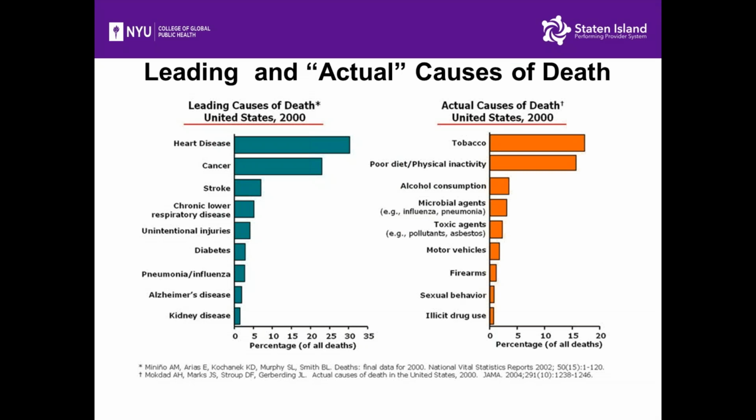Here, I've added a graph on what's called the actual causes of death that many of you might be familiar with. And as you may know, over 20 years ago, some researchers did analyses that shed new light on the causes of death, what they call the actual causes. And here they used studies to estimate the number of deaths due to a particular medical condition that was attributable to risk factors such as tobacco use and poor diet.